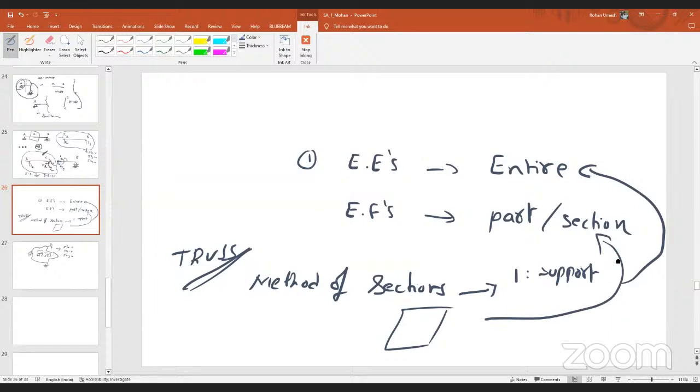So this is one example of this. Is it clear? Application of the equilibrium equations for the entire system and then one part of the system. Any doubts as of now? No, sir. Clear, right?